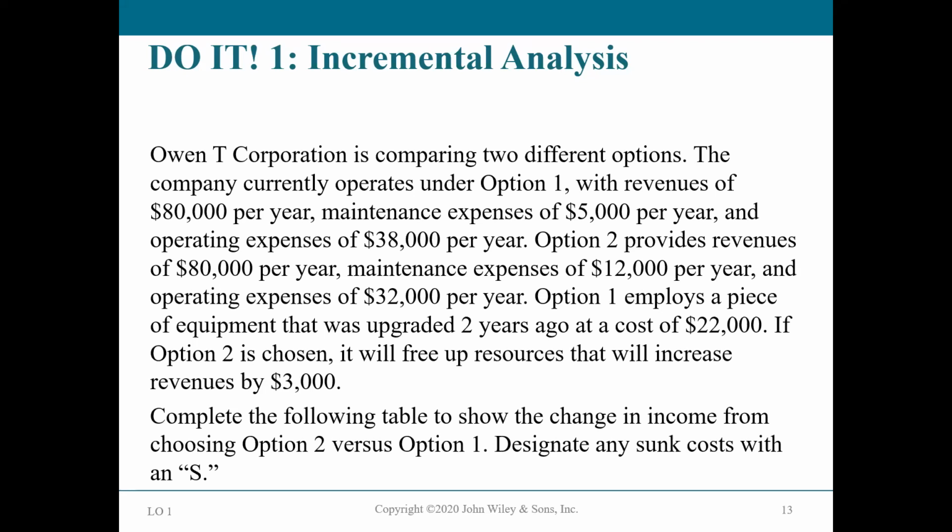Option 1 employs a piece of equipment that was upgraded 2 years ago at a cost of 22,000. If option 2 is chosen, it'll free up resources that will increase revenues by 3,000. So we want to complete a table showing the change in income from option 2 versus option 1, and we're asked to designate any sunk costs with an S.